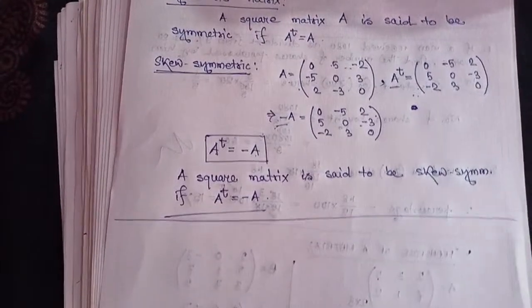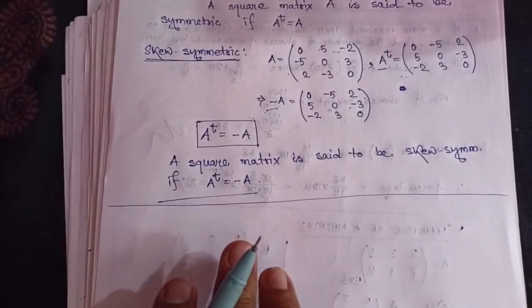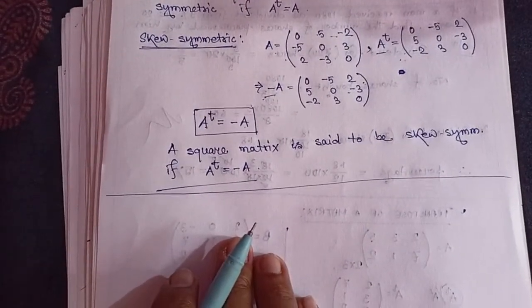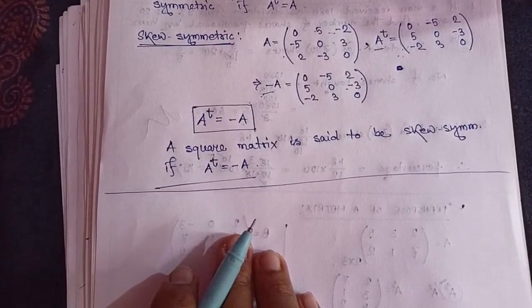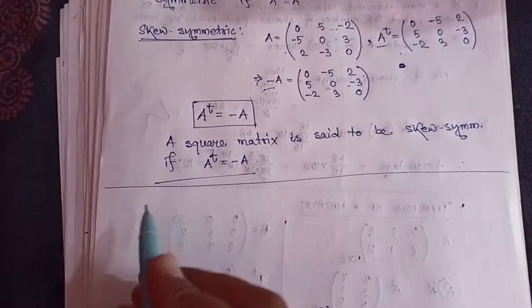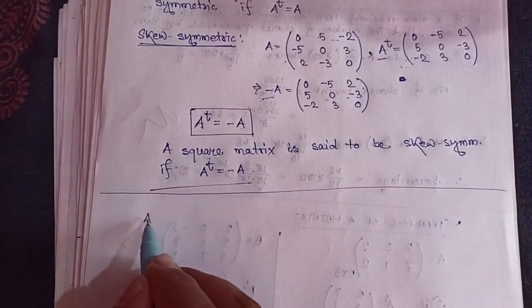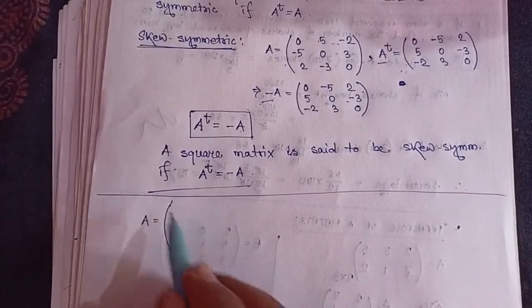If you know about skew symmetric and symmetric matrices, this idea will help you solve JEE problems or any other competitive exam problems, because you will not get much time. Suppose I am taking a matrix A. Now I am going to show the short trick, or characteristic, of a symmetric matrix.